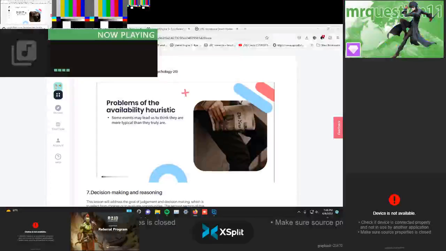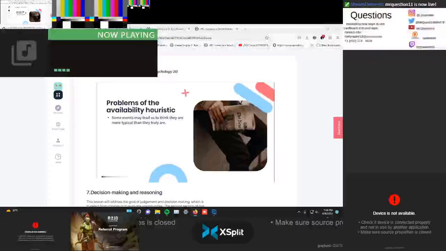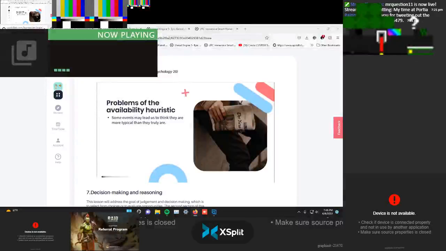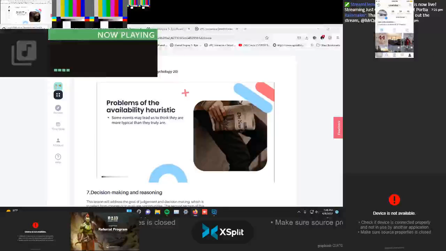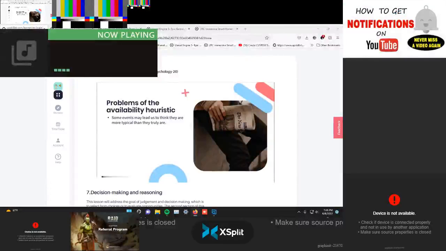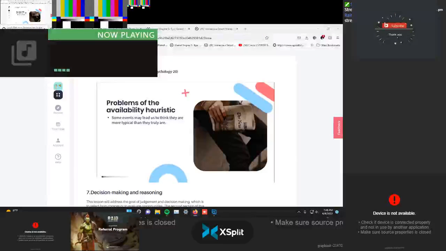For example, after you see a movie about a nuclear disaster, you might become more convinced that a nuclear disaster or war or accident is highly likely.